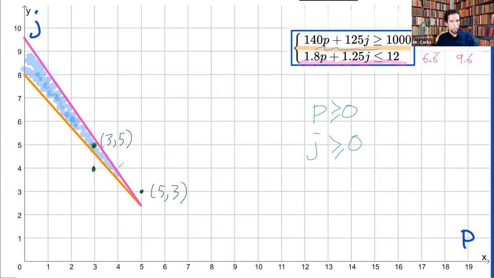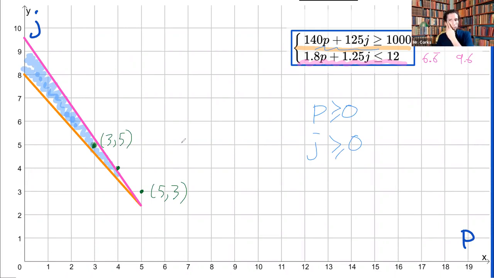Our graph looks like it's outside. What we should probably do is take that point and put it into our inequalities and test. It may or may not be within the pink one, but if our lines are good enough, then it actually looks like that's not included.